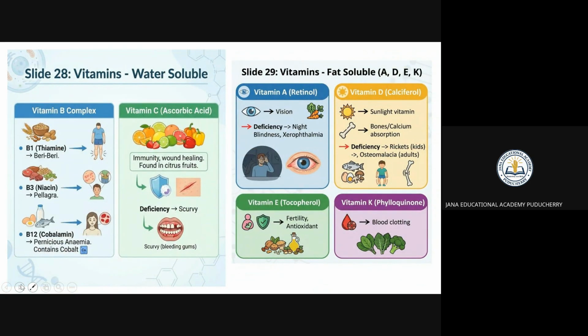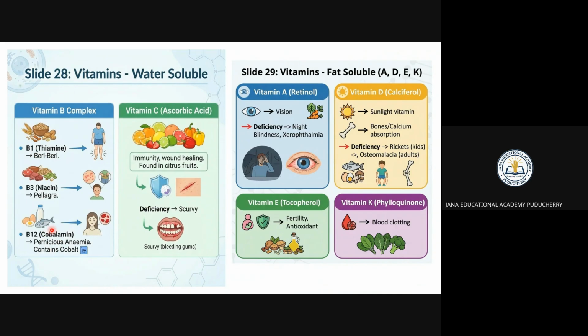Next, you can see vitamins, right? Vitamin B complex and vitamin C. Vitamin B1 is thiamine, causing beriberi. You can see B3 is niacin and B12 is cobalamin. If you studied biology, you can study this in biology.